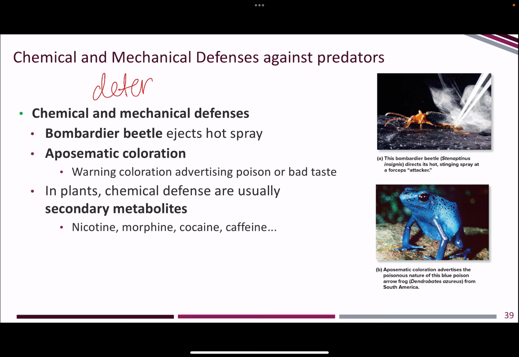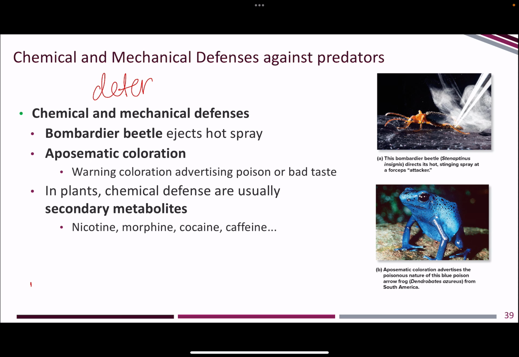So this is warning coloration that just tells predators that they taste bad. Generally, aside from flowers, if we have animals, insects that are really brightly colored, those guys are often going to have some sort of chemical defense. So it's a poison or it's something that tastes bad.